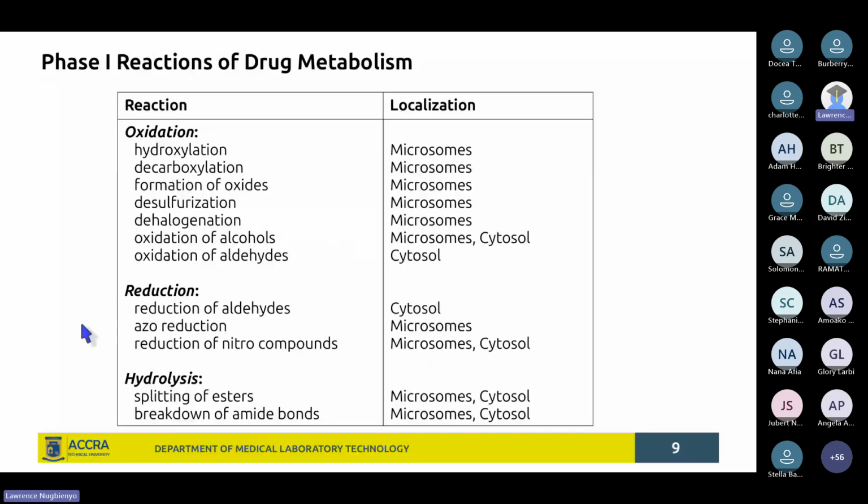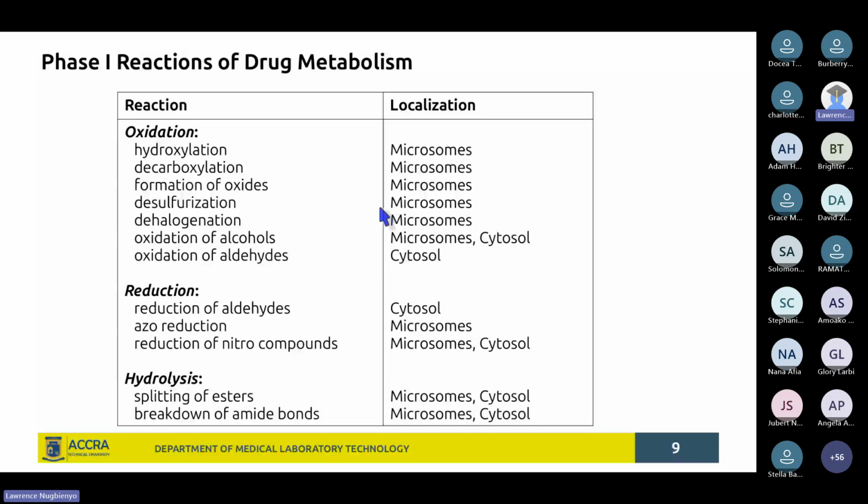Now, what are these phase 1 and phase 2 reactions? Phase 1 reactions are mainly 3 types of reactions, which are oxidation and reduction reactions. And the third is hydrolytic reactions. And most of these reactions are occurring in the endoplasmic reticulum or in the cytosol. So that's where you find these reactions occurring.